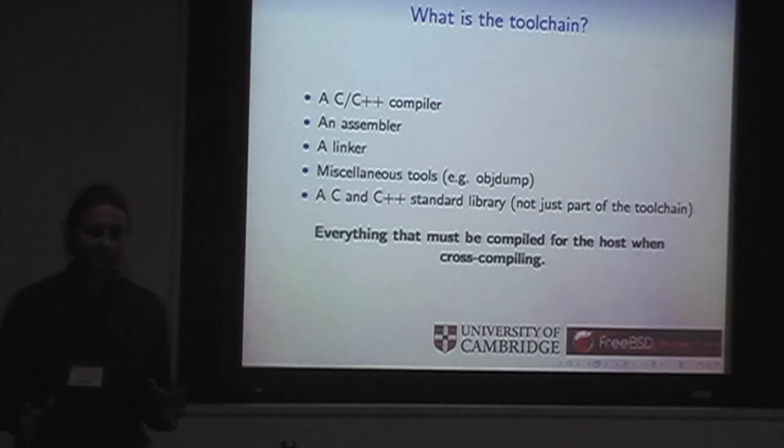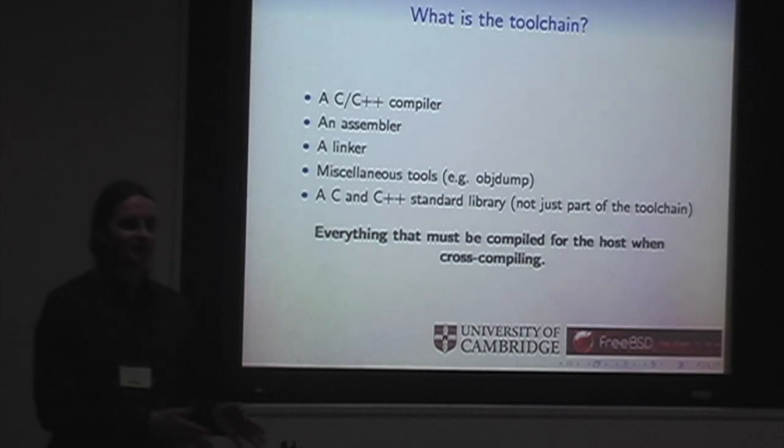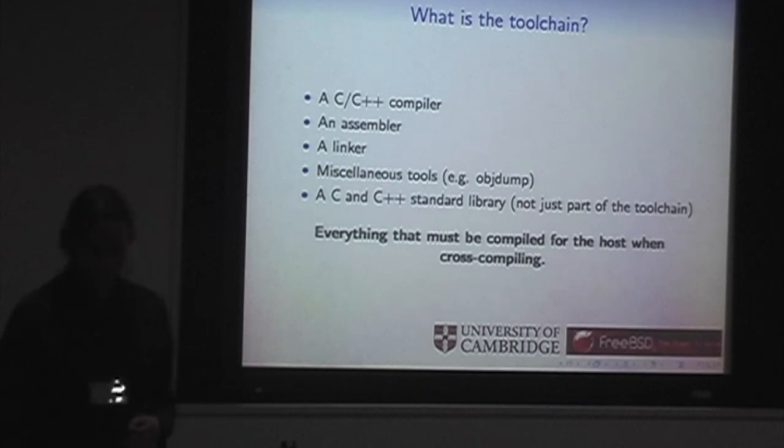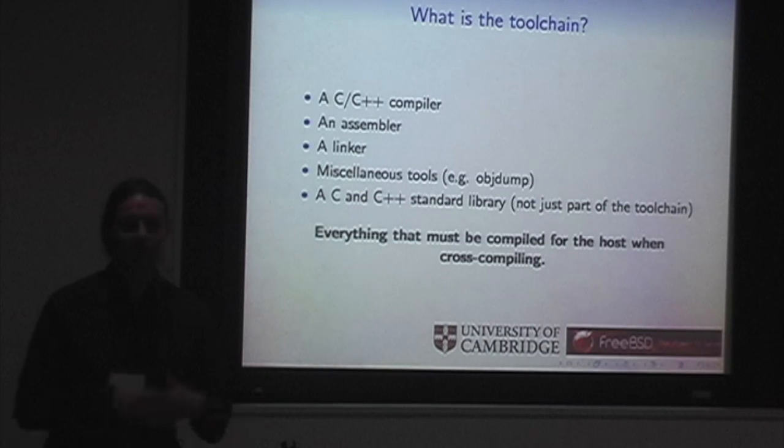But basically the rule for what is in the toolchain is it's the stuff that you need to compile for the host platform when you're cross-compiling. So everything that you need to have available to run on your host when you're building code. And that sometimes includes the libraries that you'll be cross-compiling.